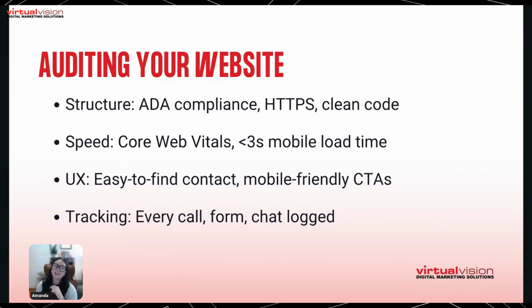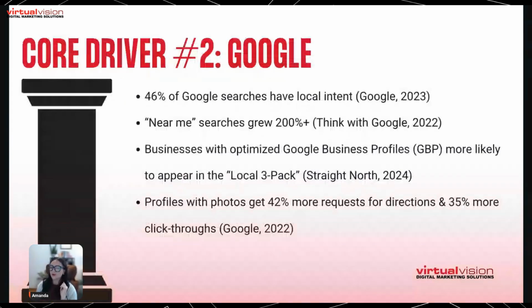All right, let's move on to core driver number 2, and this is where a lot of conversations tend to come up. Google really is one of the main front doors to your business. Almost half of all Google searches have a local intent.